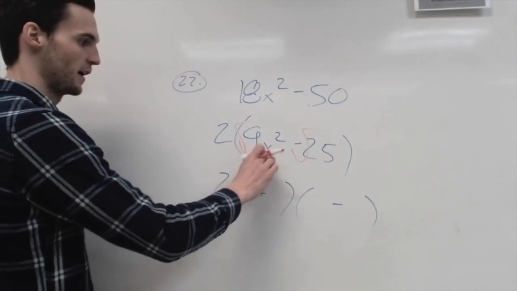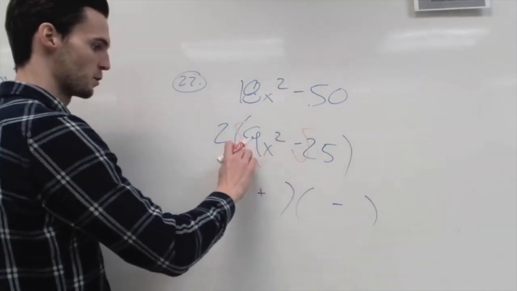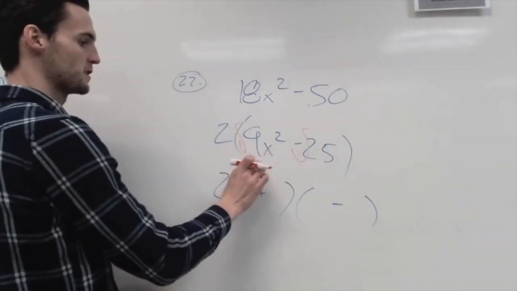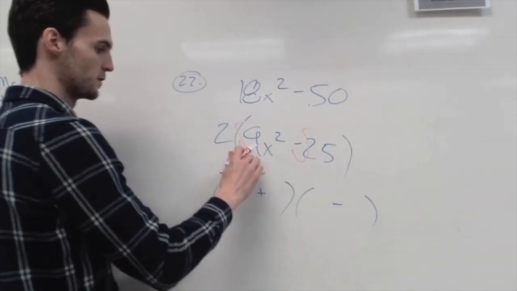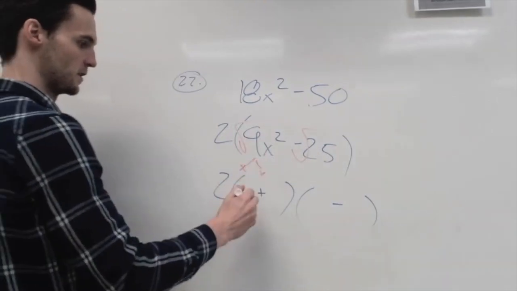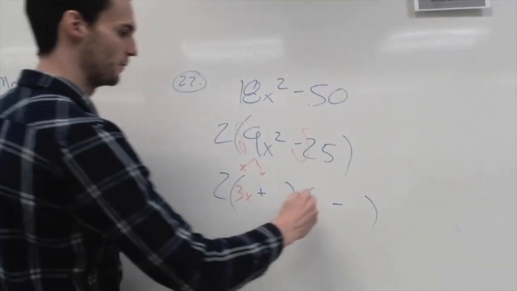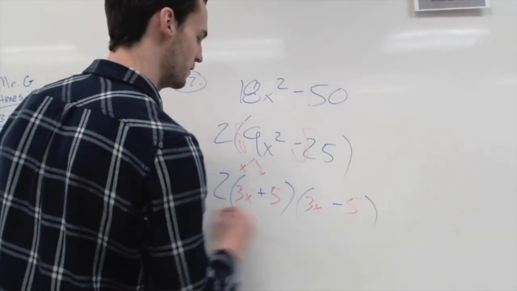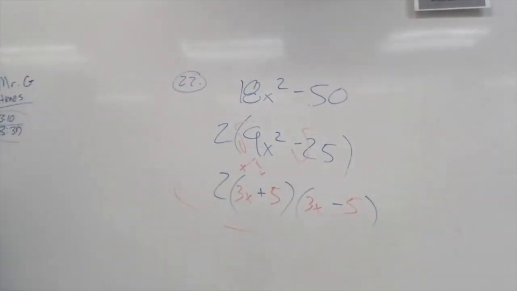And then the square root of x squared, well, square root is just what did it take to get here, or x times x gives us x squared, so the square root of x squared is x, like that. All right, the square root of 25 is 5. Final answer.